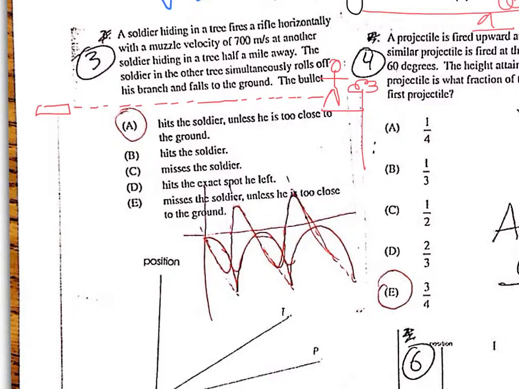The person lets go of the tree right as the gun is fired, and will fall at the same rate as the bullet, surprising as that is. So the bullet will hit the soldier unless he is too close to the ground, meaning if the soldier were very close to the ground, he would hit the ground while the bullet is still in flight. So the bullet would hit the ground over here, and the soldier would hit the ground over here.